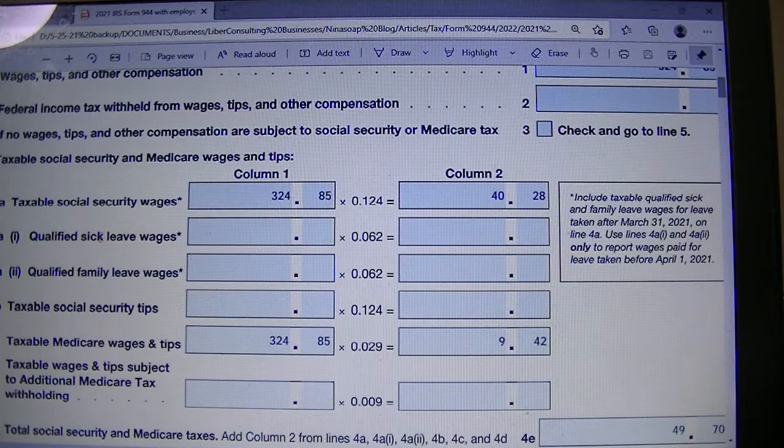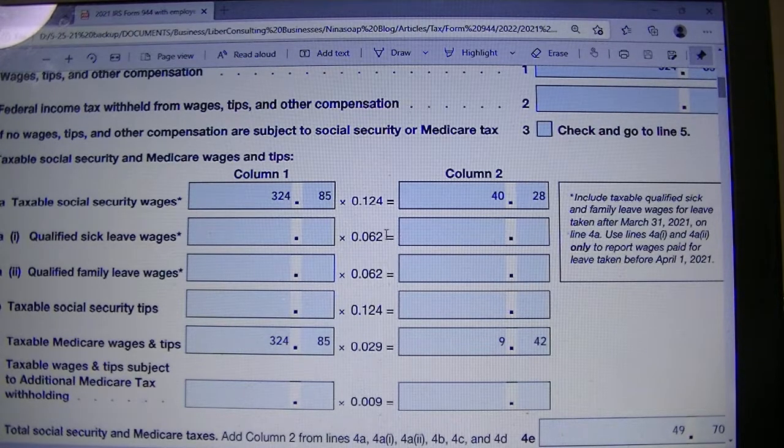For instance, line 4a(i), qualified sick leave. If you pay sick leave, you collect Social Security tax on it. You withhold Social Security tax from the employee's income, but you, the business owner, do not pay Social Security tax on that.